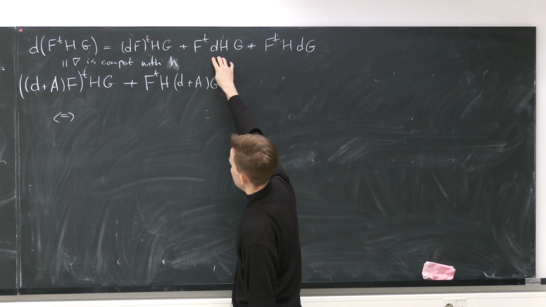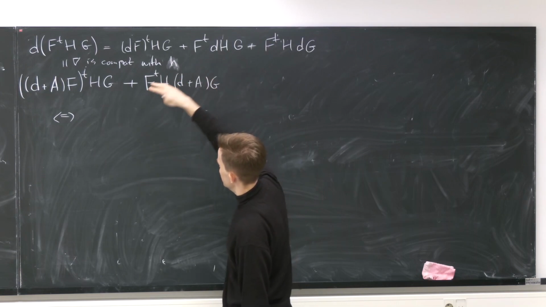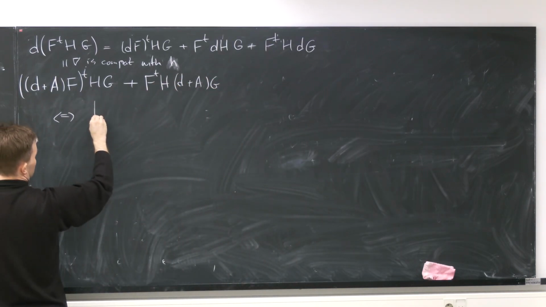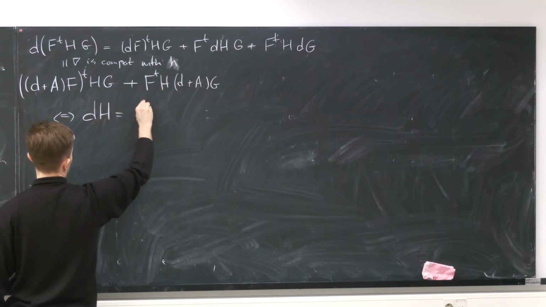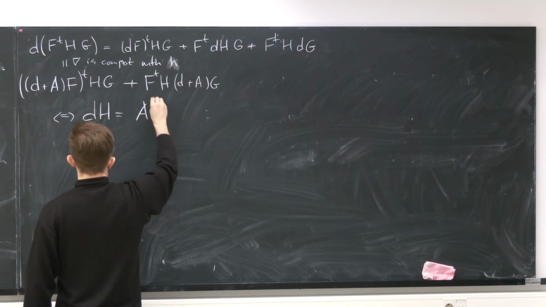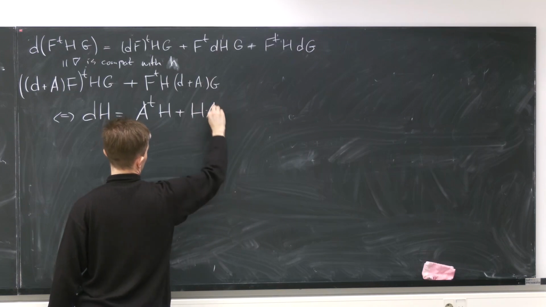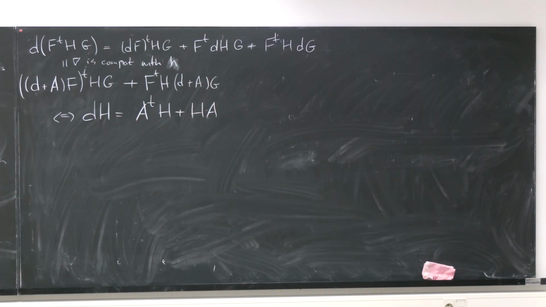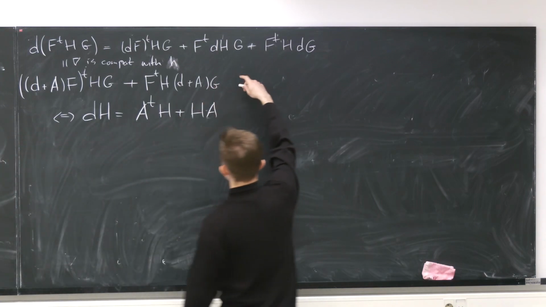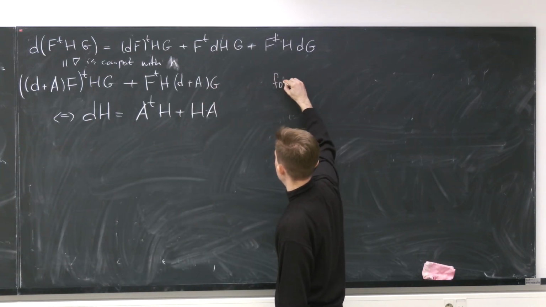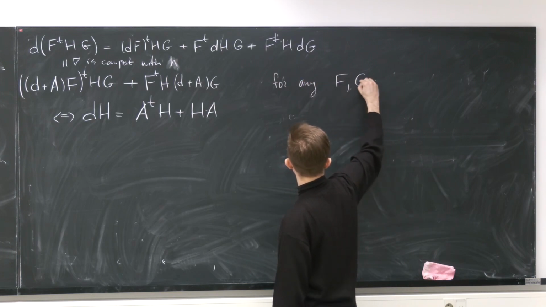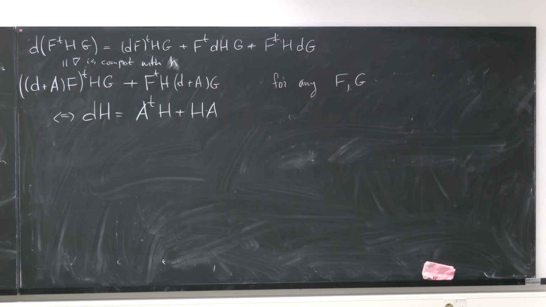And then I have to compare this middle term with what remains here, and that is satisfied if and only if dH is equal to A transposed times H plus H times A. So this works for any F and G. But now, we have these two conditions. So that's the first condition, and that's the second condition.